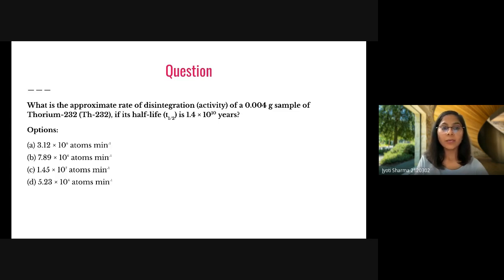You have to tell me the approximate rate of disintegration. I can't give you much time to solve this, so I just have to tell you the concept very rapidly, and then we will go to the next question.